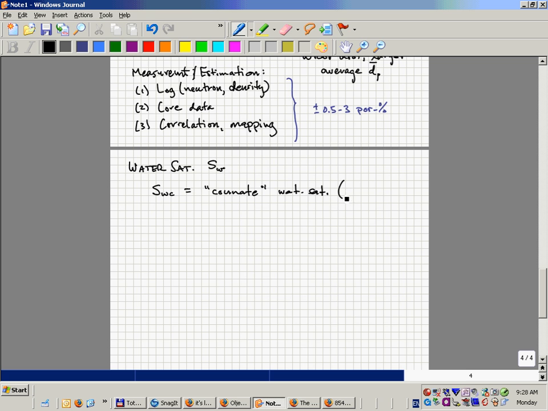That's basically the initial. So that initial can be low or high. You've got SWI, which is referred to as irreducible water saturation.